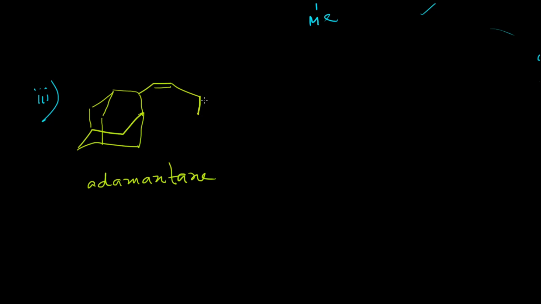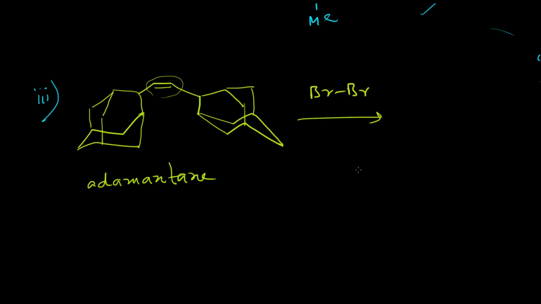So now if one reacts this olefin, where the double bond is in this position, with molecular bromine, then the product is found to be the cyclobromonium.